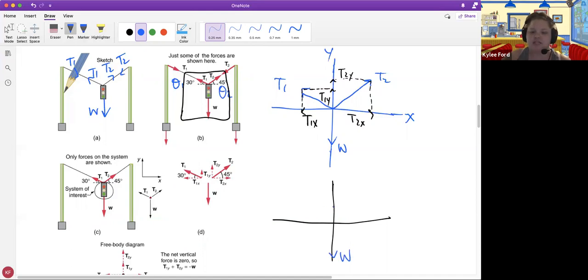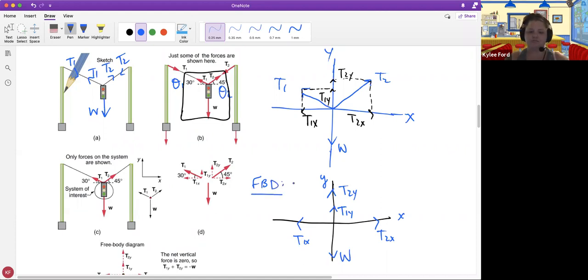Then I have my T1Y, I have my T2Y, and my T1X in this direction, and then my T2X in that direction. Now this is my free body diagram.